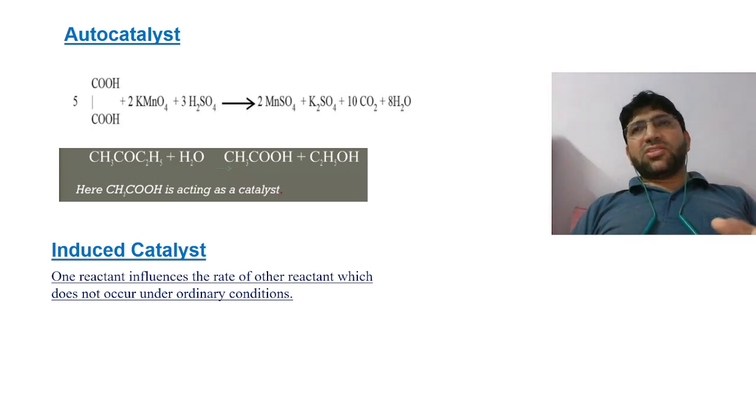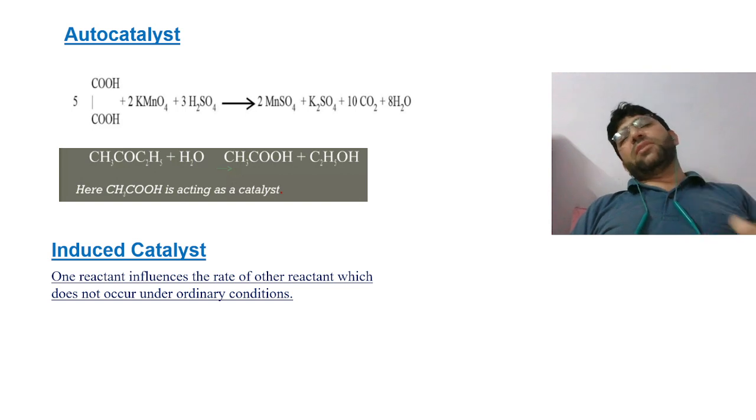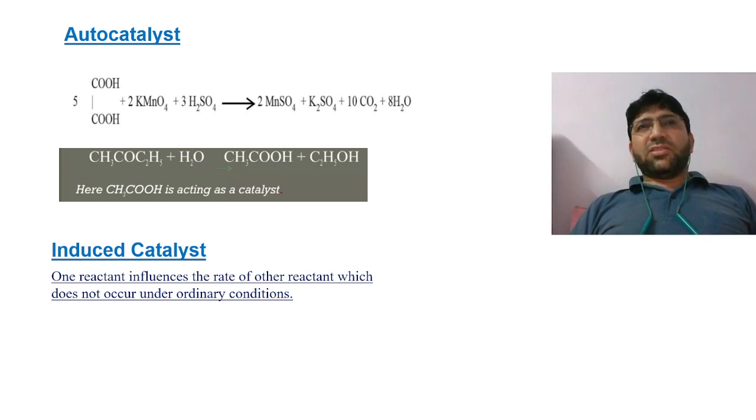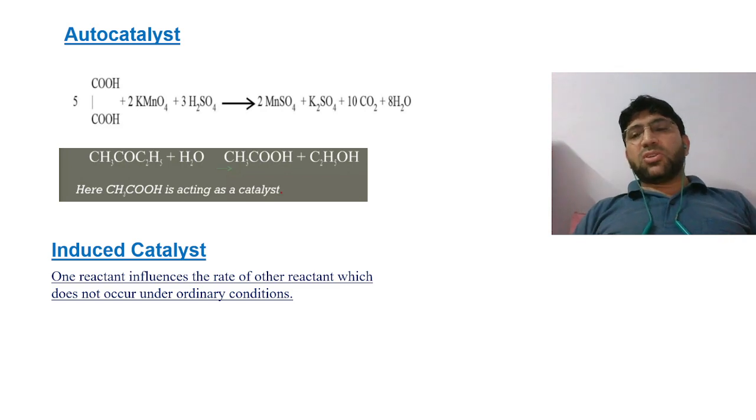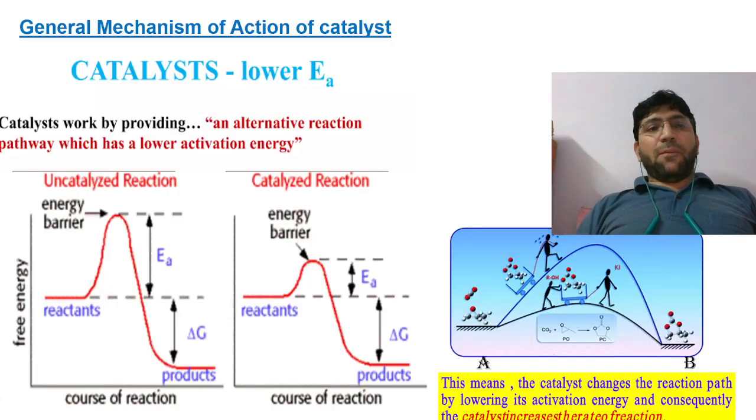So the reaction is induced by sodium sulfate. It means one of the reactants itself induces the reaction, and it is called the induced catalyst. So these are some basic terms which we use for catalysis.